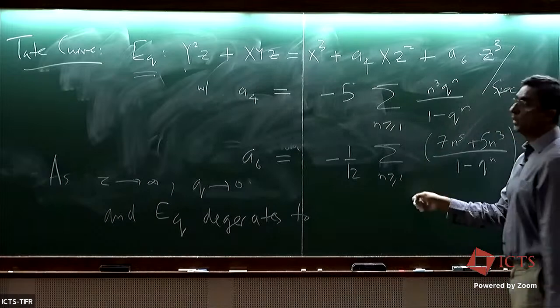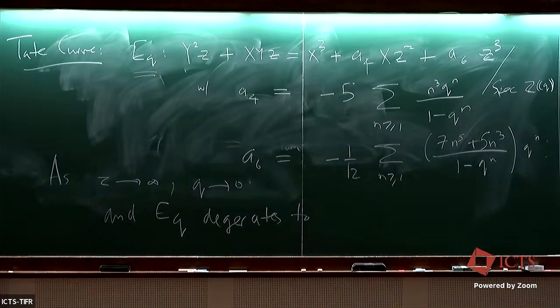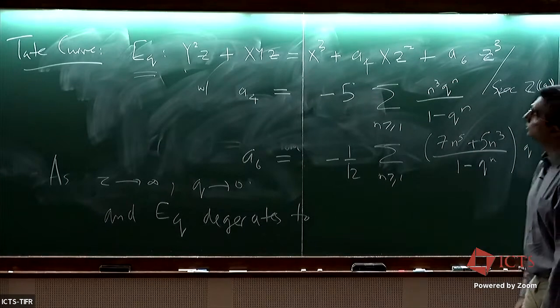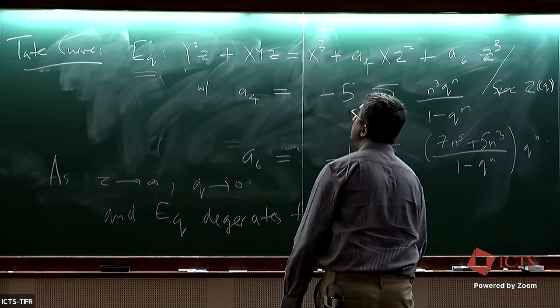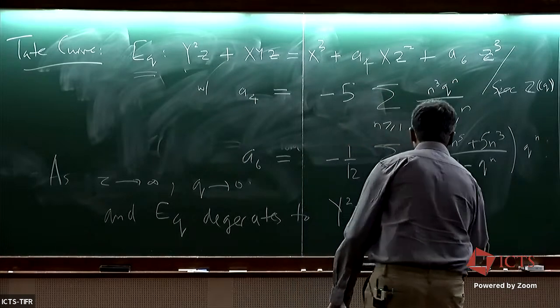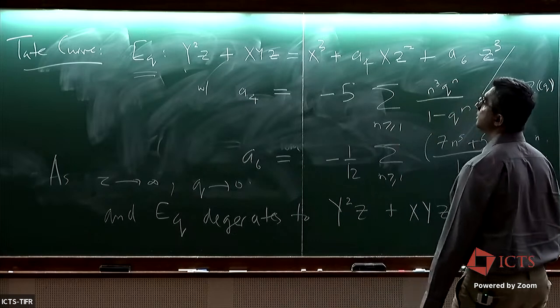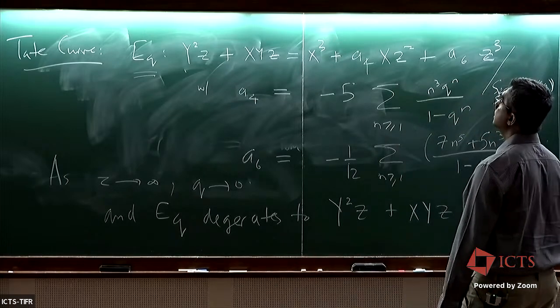Notice this is starting from 1, not 0, though I missed it in one of my formula notes. These are all becoming 0. A4 and A6 become 0, and you get the following equation: y squared plus xy equals x cubed.